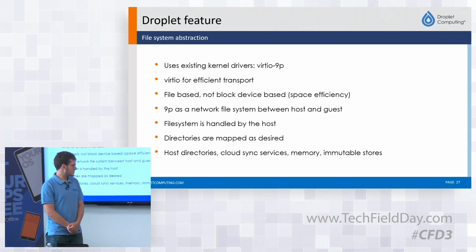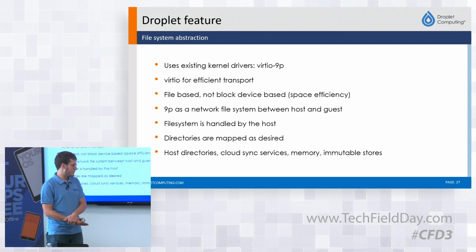And as it's on such a high level, we can handle the file system. We can split it depending on a mapping of directories. So we can, for example, sync specific folders with folders on the host.